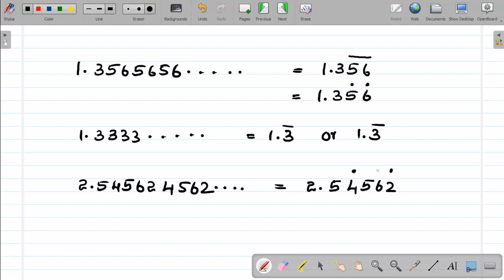These two dots show that the digits are repeating from 4, 5, 6, 2. Or you can write a bar above these 4 digits. This shows that these are non-terminating decimals.